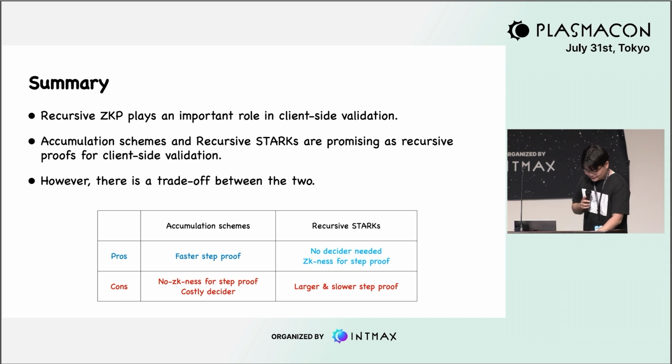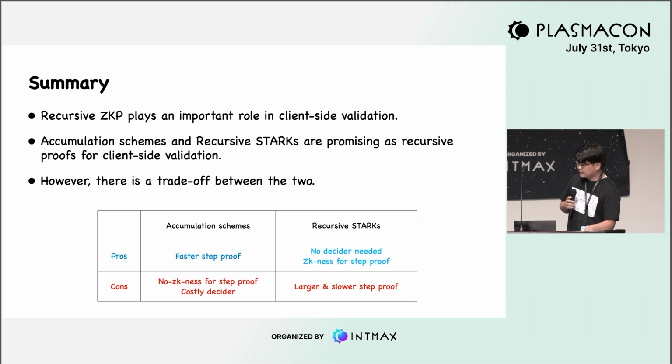So this is the summary. Recursive ZKP plays a crucial role in client-side validation, and accumulation schemes and recursive STARKs are promising candidates for recursive proofs in client-side validation.